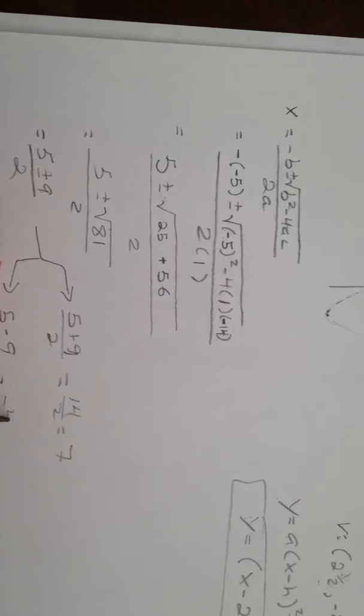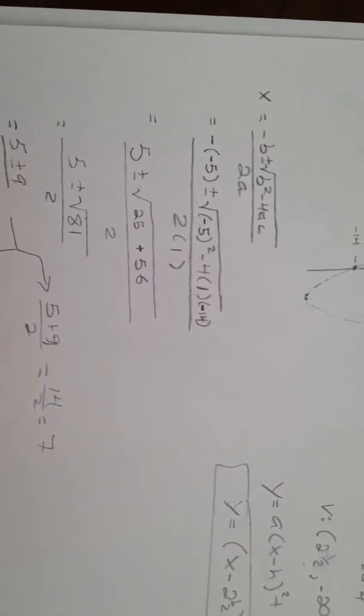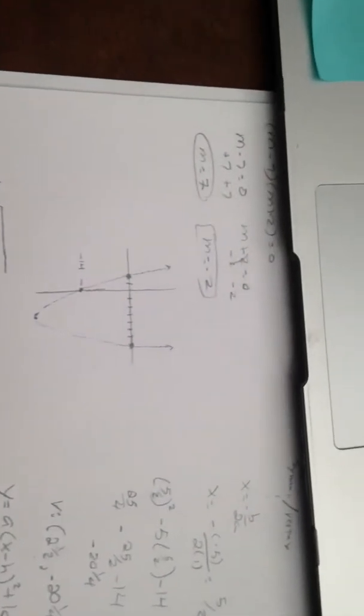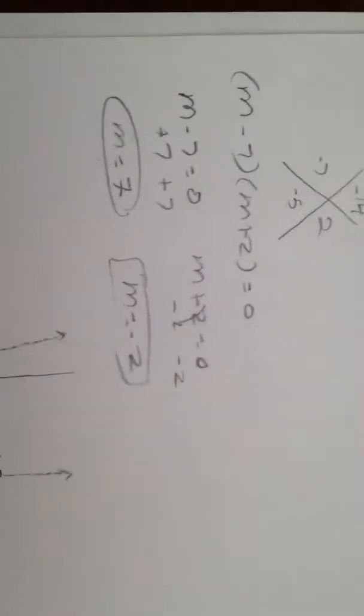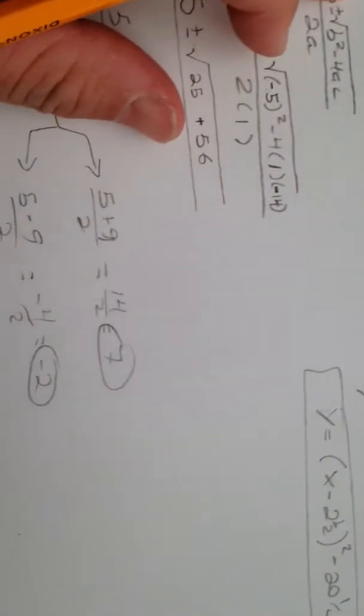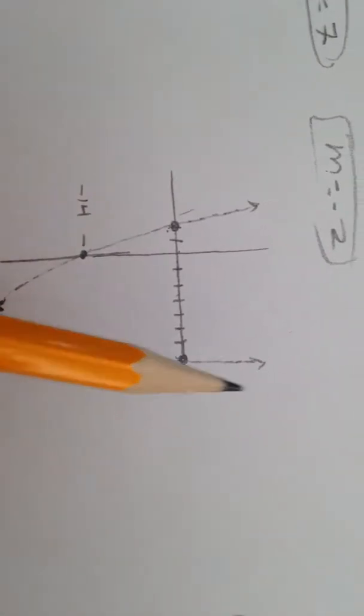That's going to give you a negative 4 over 2, which is negative 2. Back when I was doing the factoring, and now using the quadratic formula, look at my graph. Negative 2, 7.